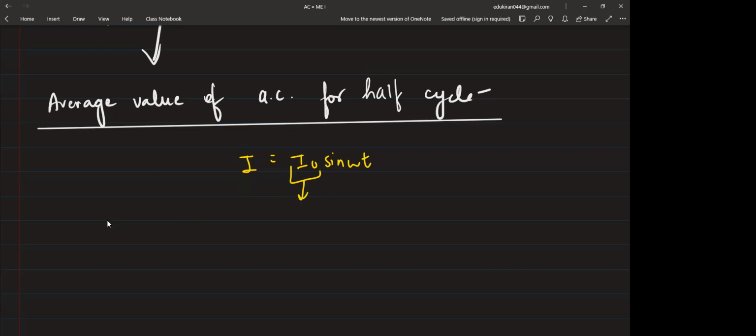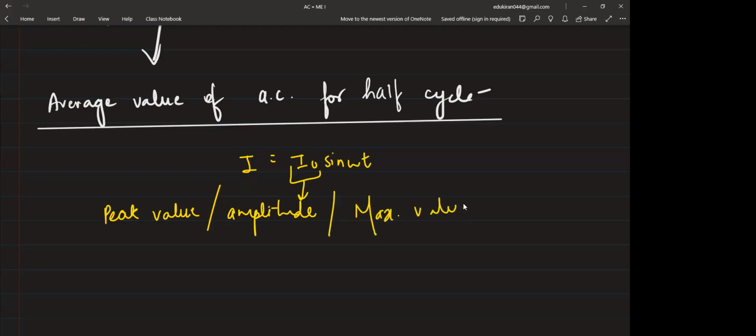This is basically the peak value, or we say this is the amplitude. All these words will be coming. Amplitude, or simply, very easy, the maximum value.